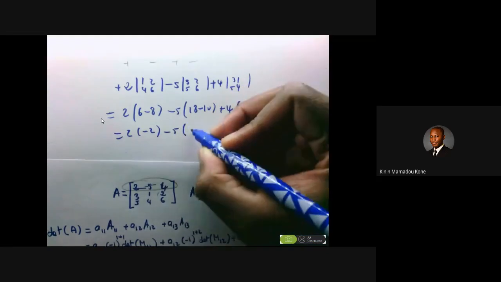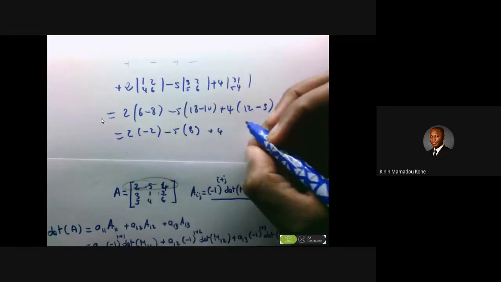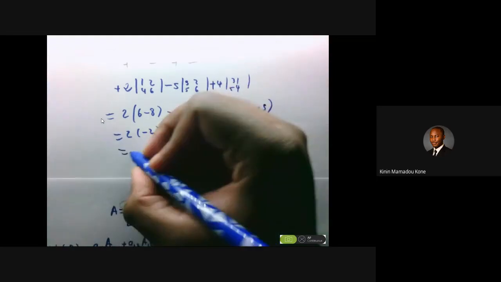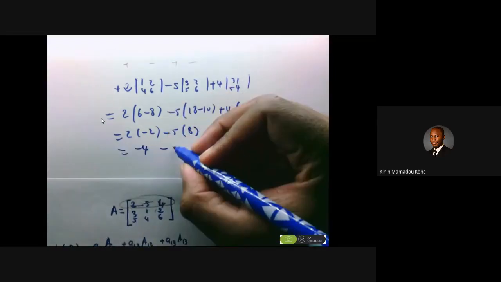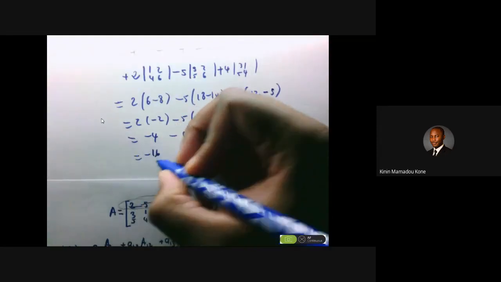That's going to be negative 2, 8, 7. And that's going to be negative 4, negative 40, 28. And that's going to be negative 16.